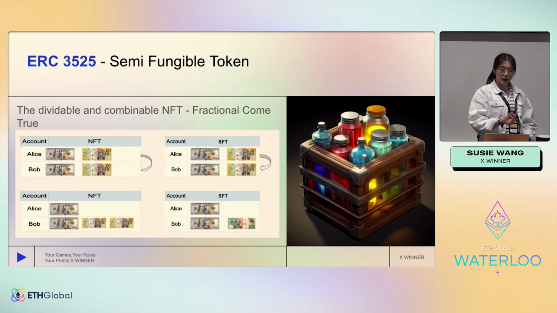Each of you will get a little piece of that artwork. If the market goes up, maybe later this year, you can divide it into even smaller pieces and take profit by selling it. And if you want to form that masterpiece together in the future, to display in the museum, you can come together and combine it. So it's combinable and dividable at the same time.